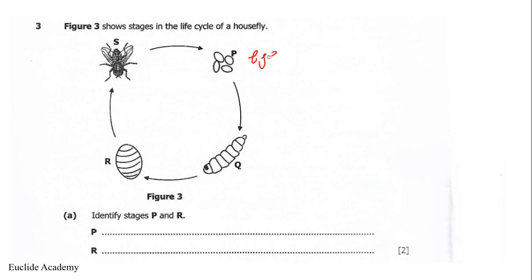This is the egg stage. Then this is the larva, also known as maggots. And then we have the pupa, and then the adult housefly.